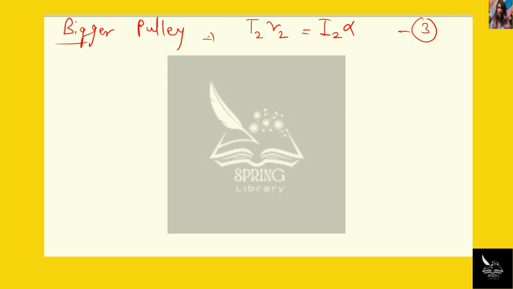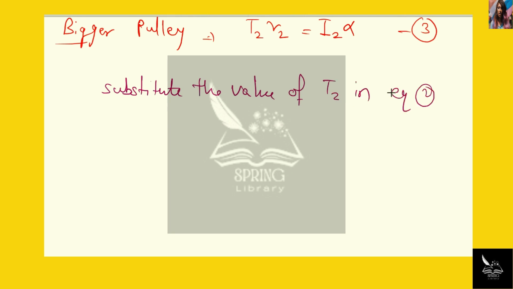Now we have to substitute the value of T2 in equation 2. We find that T1 minus I2 alpha upon R2, multiplied by R1, is equal to I1 alpha.